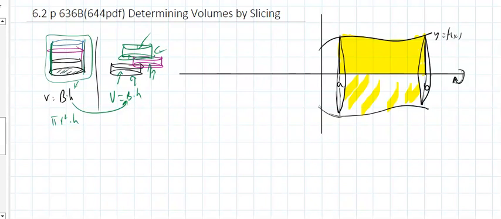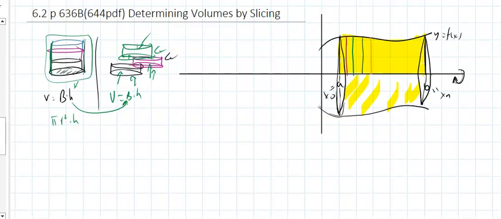Unlike these problems, here, I'm going to call this x sub 0. I'm going to call this x sub n. I'm going to take x sub 1 to be right there, x sub 2, x sub 3, x sub 4, and then it goes on.